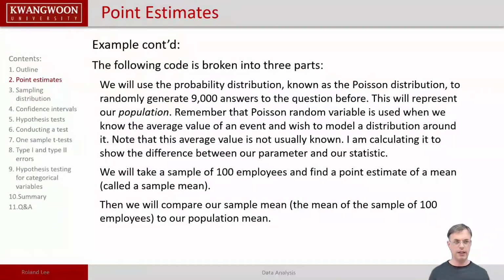So the Python code will be broken into 3 parts. We will use the probability distribution known as the Poisson distribution to randomly generate 9,000 answers to the question, for how many minutes in a day do you usually take breaks? This will represent our population, from chapter 6, advanced probability.